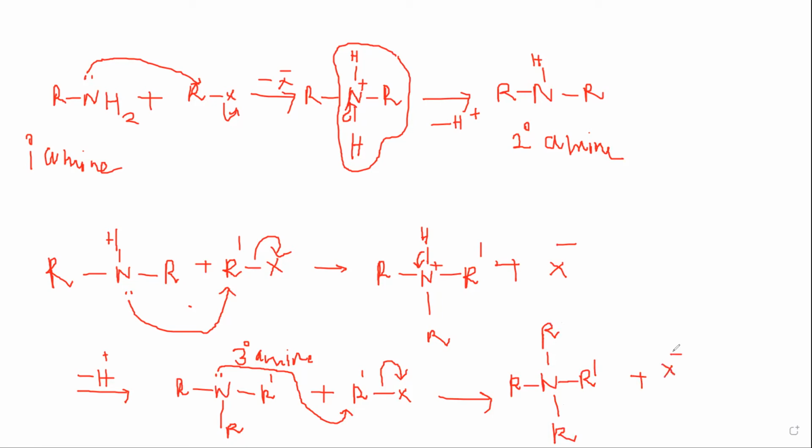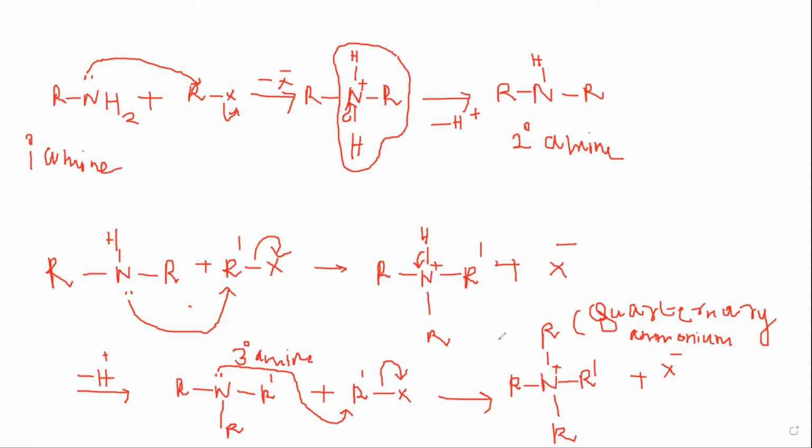Here the nitrogen has a positive charge, and this is called a quaternary ammonium salt. Why? Because it is an ionic compound, a salt. If a name ends with -ium, that species carries a positive charge.